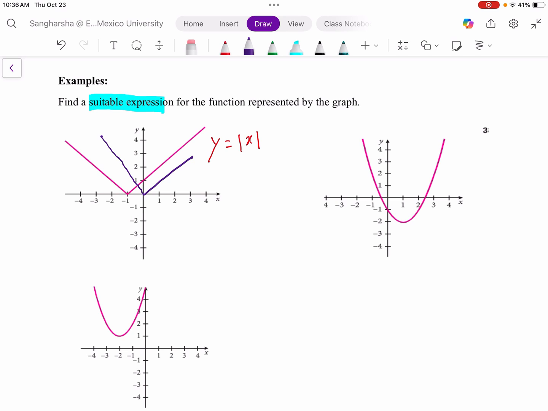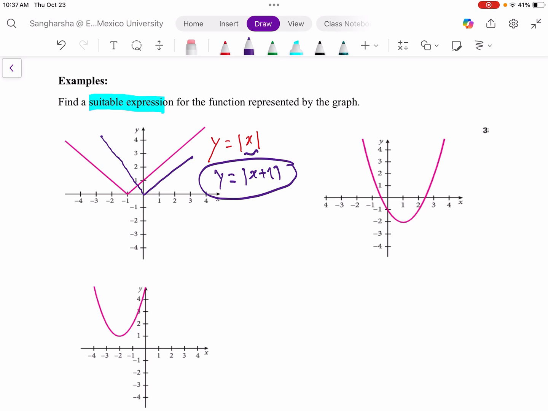It's moving to the left by 1 unit, right? How do we move our graph to the left by 1 unit? We have to replace x by x plus 1. So instead of x in this basic function, we write y equals absolute value of x plus 1. And this is our final answer.